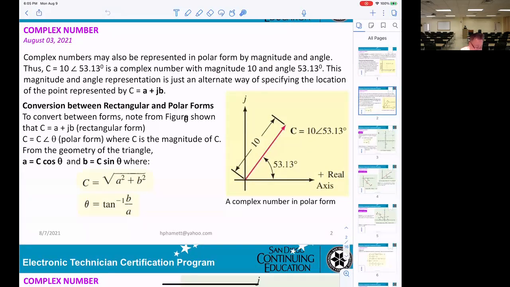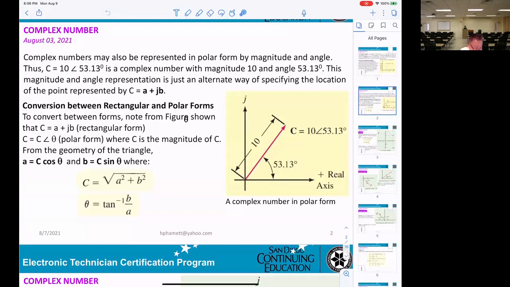For example, C equals 10 with the angle 53.13 degrees is a complex number, with magnitude 10 and angle 53.13.